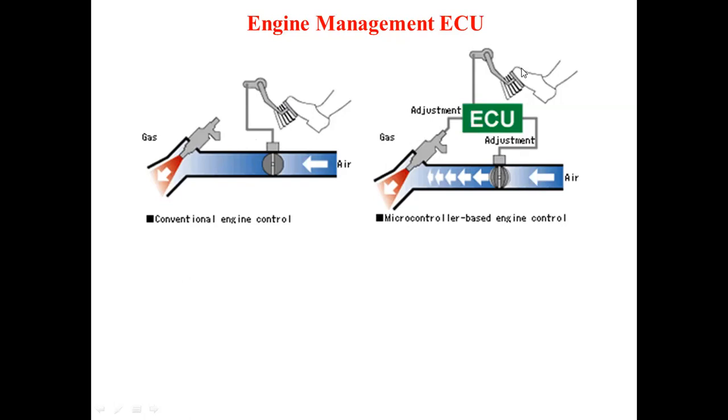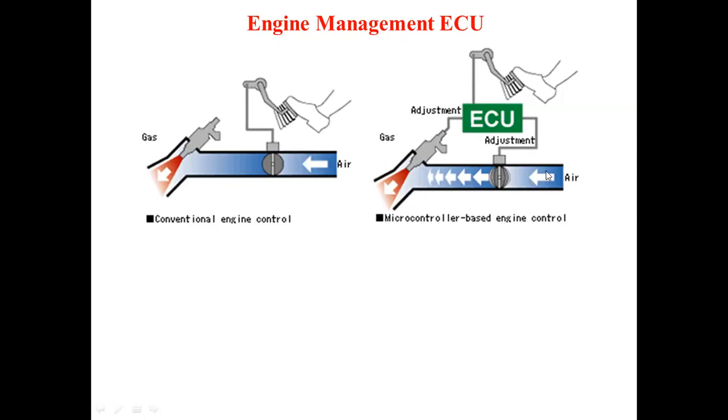Here, in between the mechanical linkage, that is, the driver and accelerator pedal and accelerator, you have the ECU, the electronic control unit, and this electronic control unit has the ability to adjust, because air is being passed and here you are injecting the diesel, or the fuel.